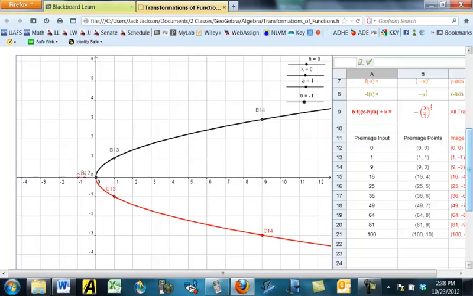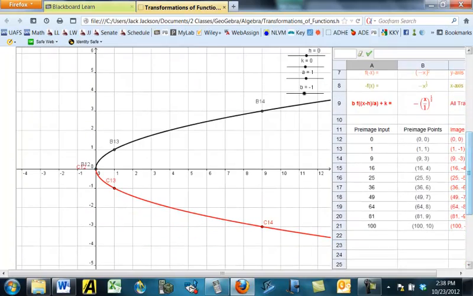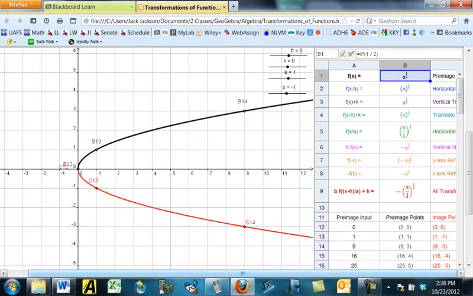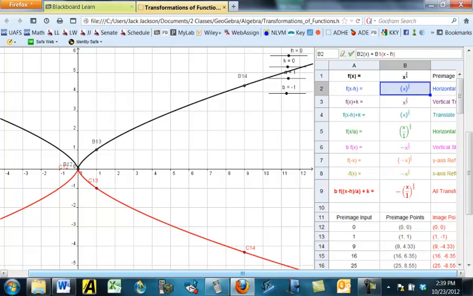And again, it doesn't matter what function I put in here to begin with. I can go in here and change the function. Instead of x to the 1/2, I can do x to the 2/3. And now we see the black one is the original and the red one has been flipped over the axis.